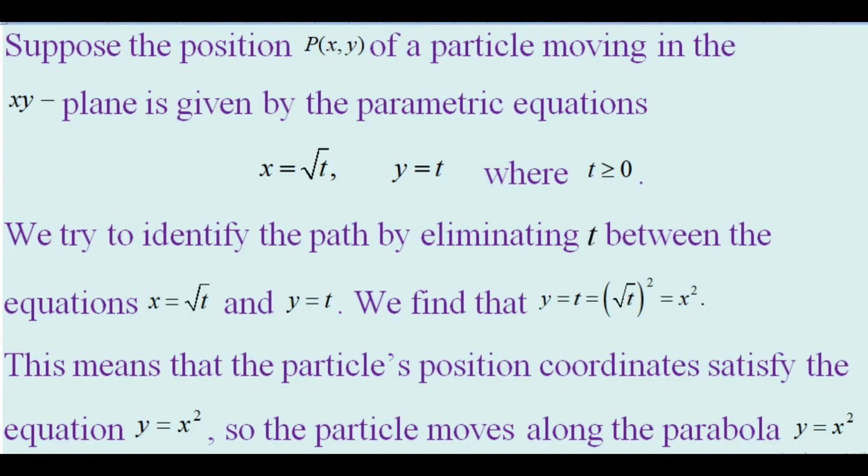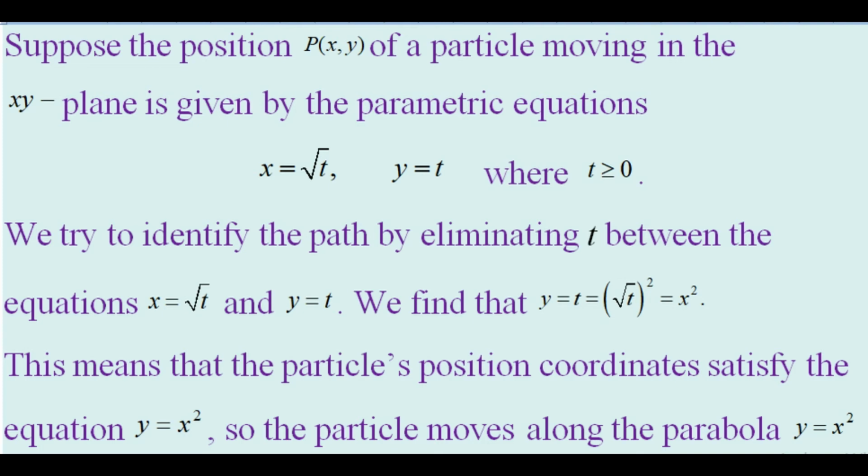As another example, suppose the position P with coordinates (x, y) of a particle moving in the xy plane is given by the parametric equations x = square root of t and y = t, where t is greater than or equal to 0. We try to identify the path by eliminating t between the equations x = square root of t and y = t.